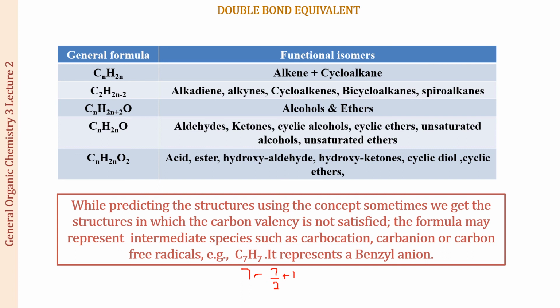So how are we going to deal with that? Just make it into a whole number, 5, and then think about what the possible structures are for the formula that is given to you. All right, so this is as far as fractional numbers are concerned, if that comes up as the DBE value.